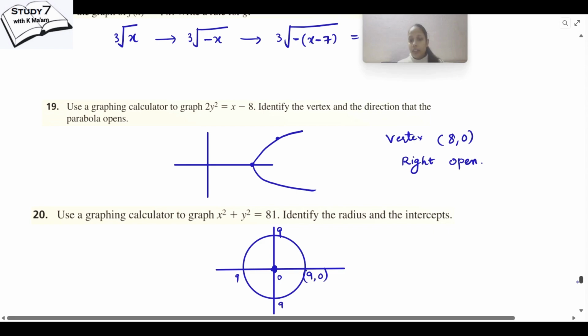So positive 9, 0, then (0, 9), negative 9, 0, and (0, negative 9). These are the intercepts. Intercepts are (9, 0), (negative 9, 0), (0, 9), (0, negative 9). And the radius is 9. Done.